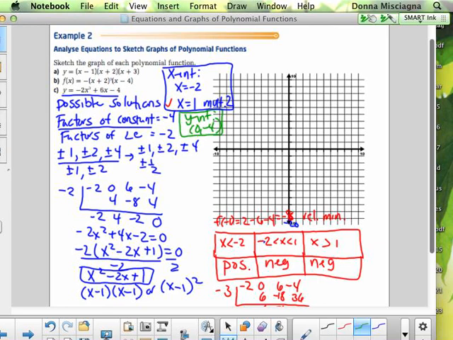So we have our x-intercepts at negative 2, 0 and 1, 0. We have a y-intercept at 0, negative 4. And we have an extreme value at x equals negative 1, and that was negative 8. So something other than our y-intercept.